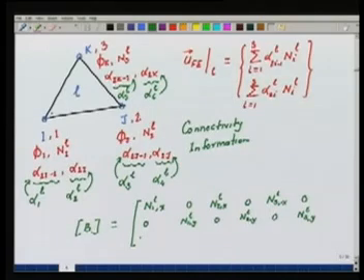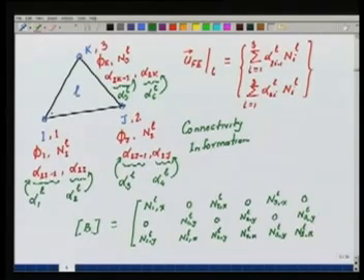And here I will have N1 of the element comma y, N1 of the element comma x, N2 of the element comma y, N2 of the element comma x, N3 of the element comma y, and N3 of the element comma x. This is B, I will call it for the element L.